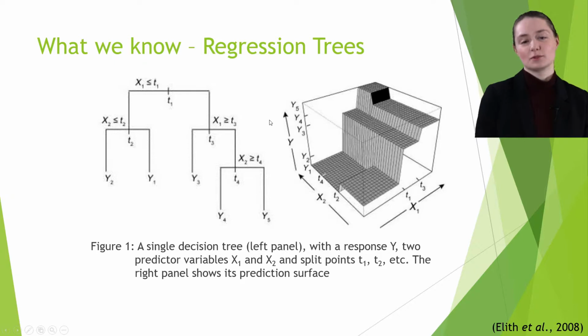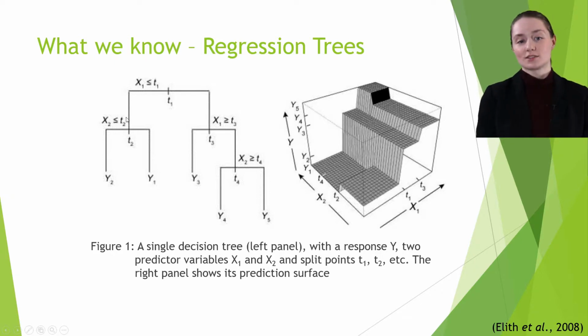So here's an example of a single decision tree and to the right is the prediction surface, which is just another way to represent a decision tree. So at our first split, we can see that if x1 is less than or equal to t1, we go to the left.